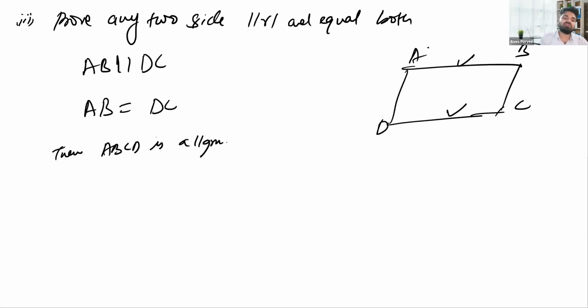So whichever of the three conditions you choose to prove, if you have chosen any one, then ABCD will be proved a parallelogram.